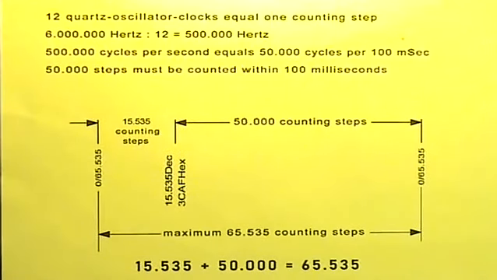It then needs exactly 50,000 upward counting steps up to the maximum end reading of the timer T0 counter of 65,535, and thus exactly 100 milliseconds, which then leads to a new interrupt.